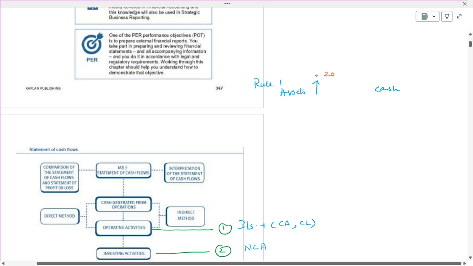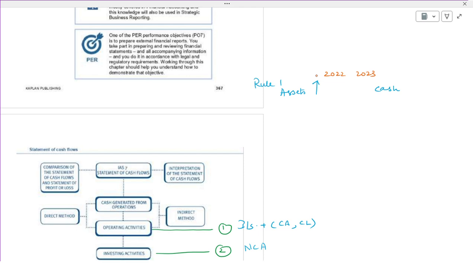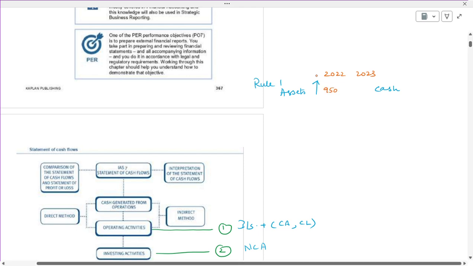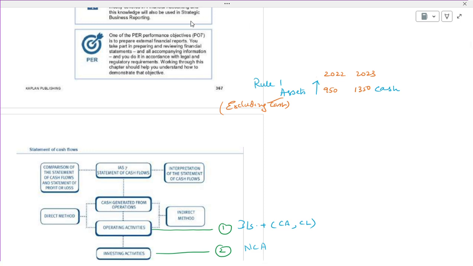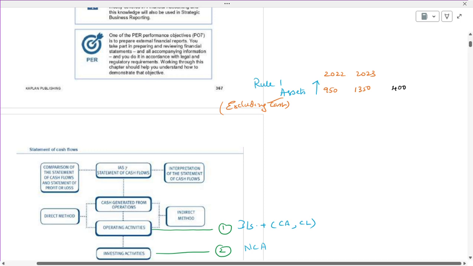Assume the asset, excluding cash, is 950 in 2022 and increases to 1350 in 2023. The difference is 400. When the asset increases, what happens to cash?